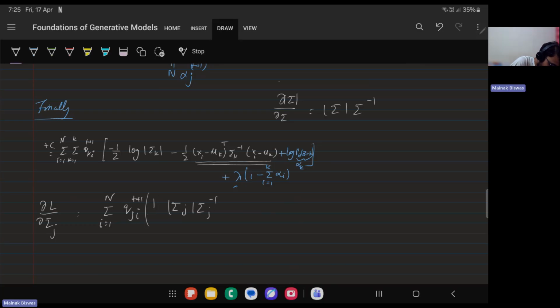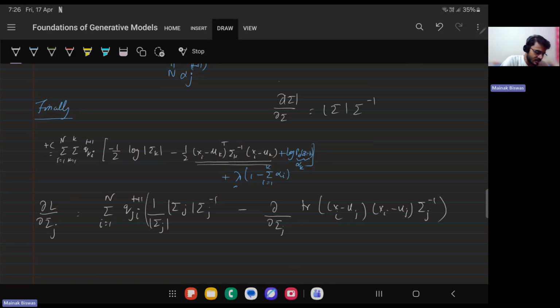And since we have a log, I also have a sum over j of 1 by Sigma_j when you take a derivative, minus the derivative of the trace of (x_i minus mu_j)(x_i minus mu_j) transpose Sigma_j inverse.